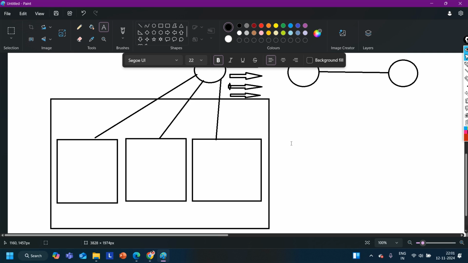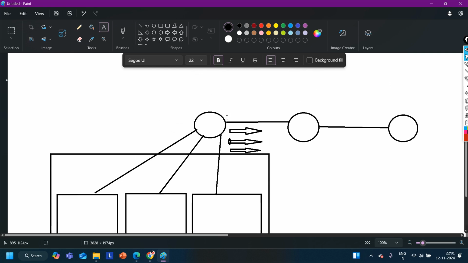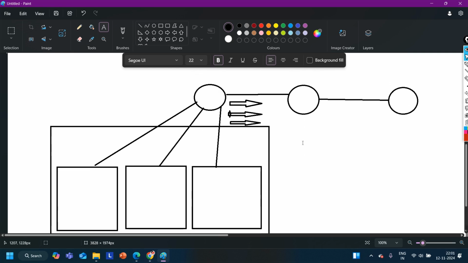On any router you can perform summarization, it is not compulsory that only this router should. Instead of installing 3 routes, it will install 1 route.